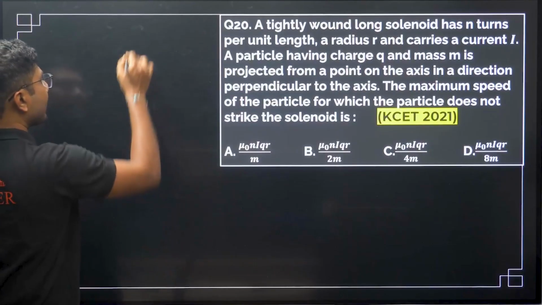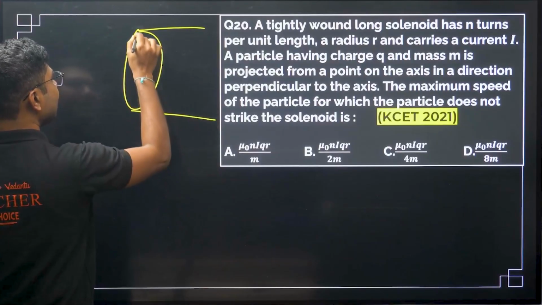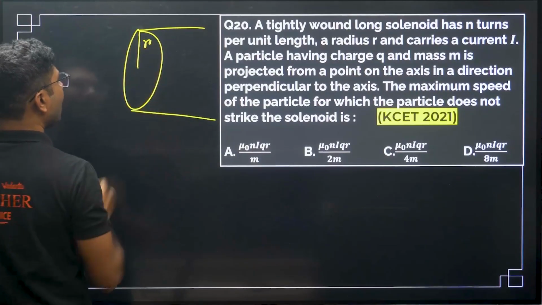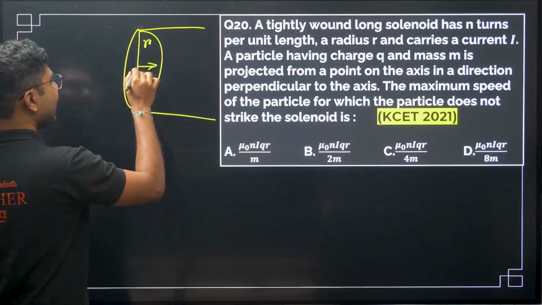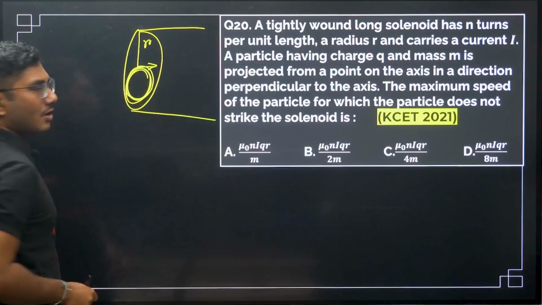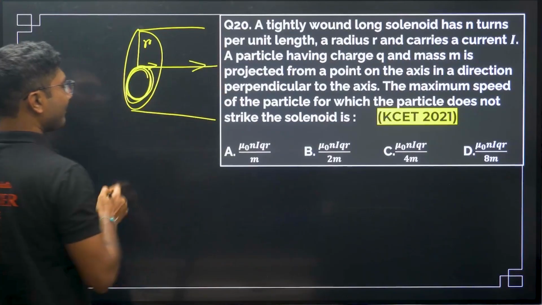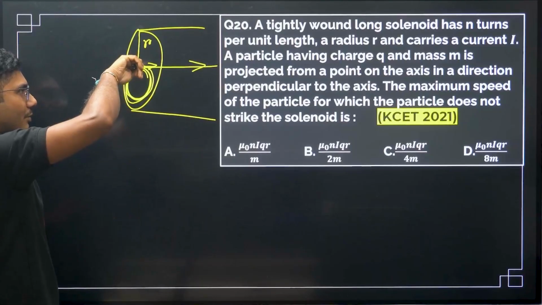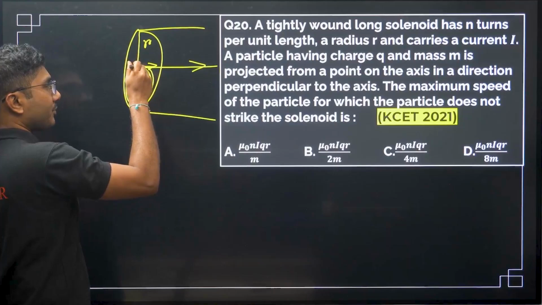So here we have a solenoid. Okay, we have the radius is given by small r. You are projecting one particle like this such that it will rotate here. Because magnetic field lines are there, you are launching a projectile in this direction from the center, right?